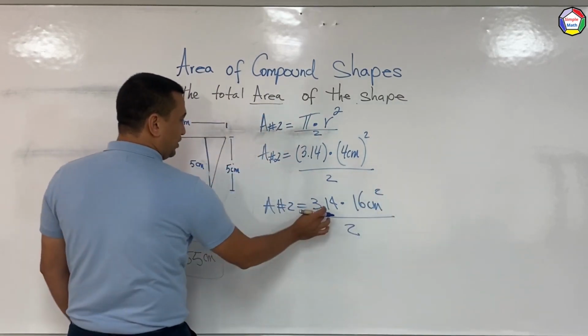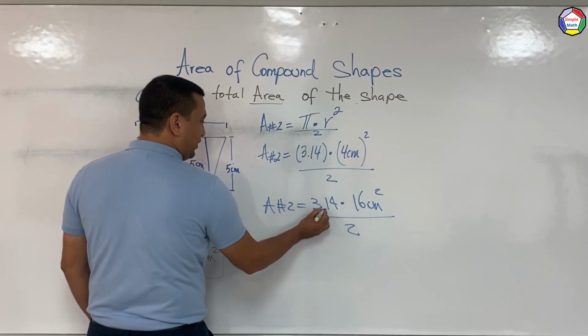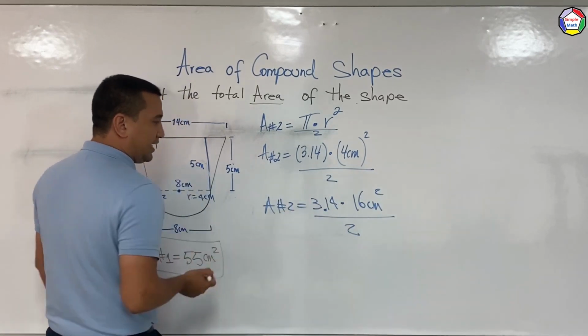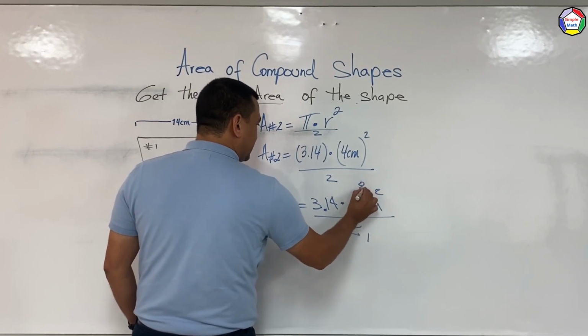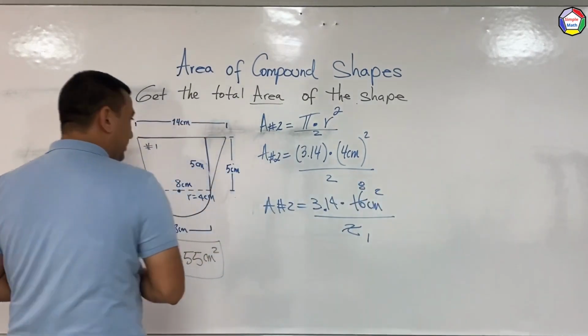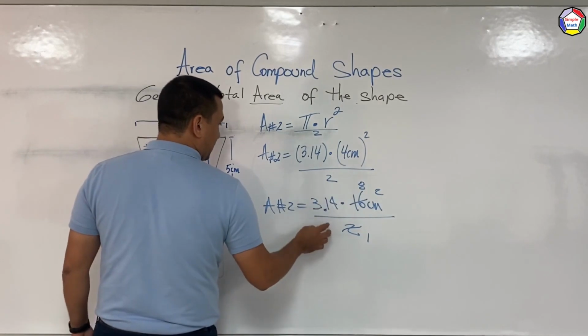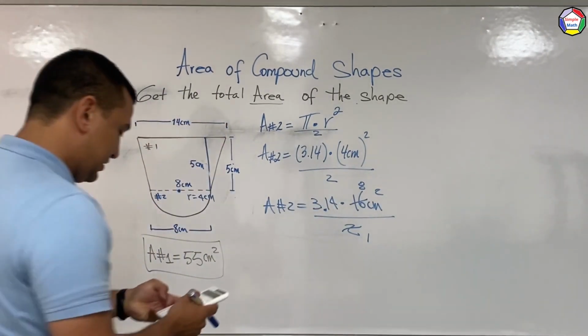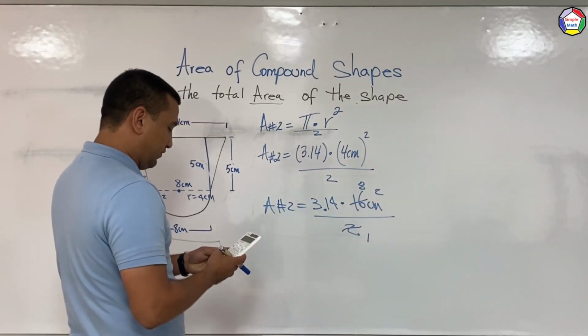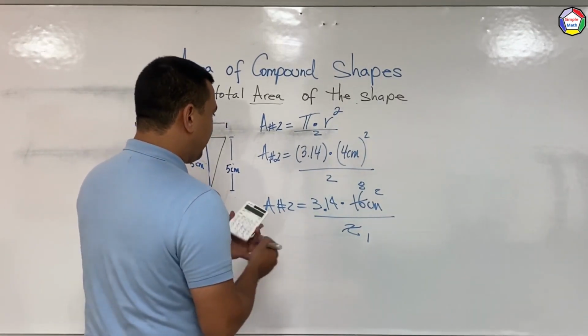So here we have two options. We multiply the things and then we divide by 2, or here I can simplify things. 2 divided by 2 is 1, 16 divided by 2 is 8. So I have to multiply 8 times 3.14. How much is 8 times 3.14? It equals 25.12.